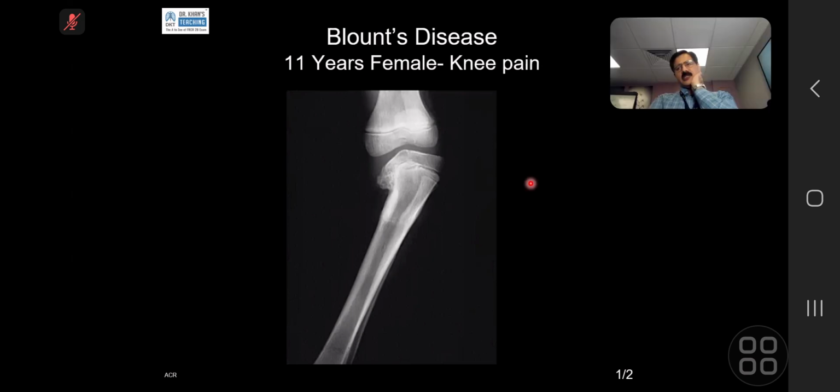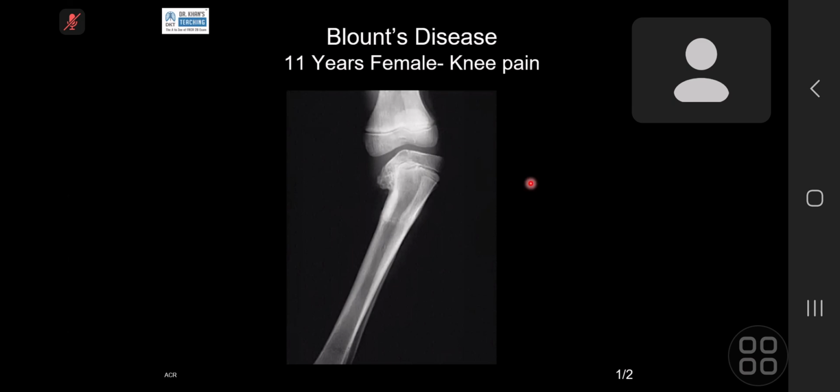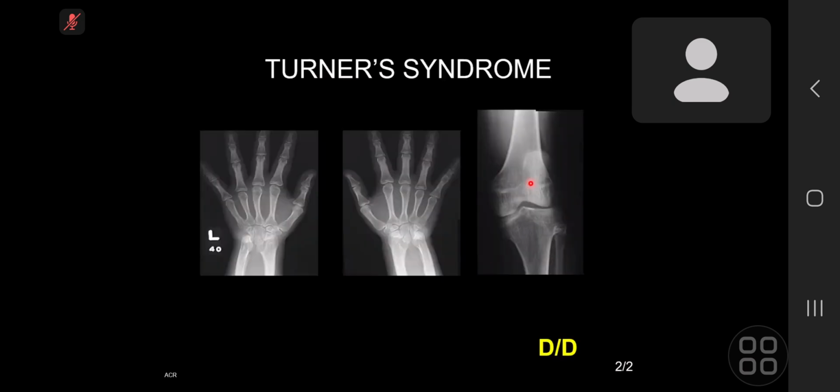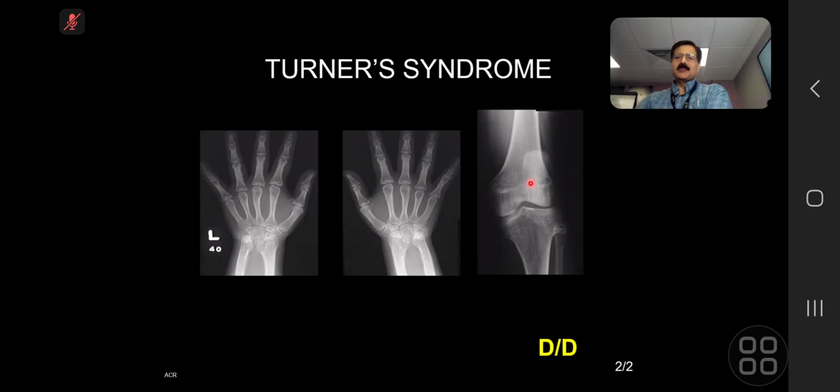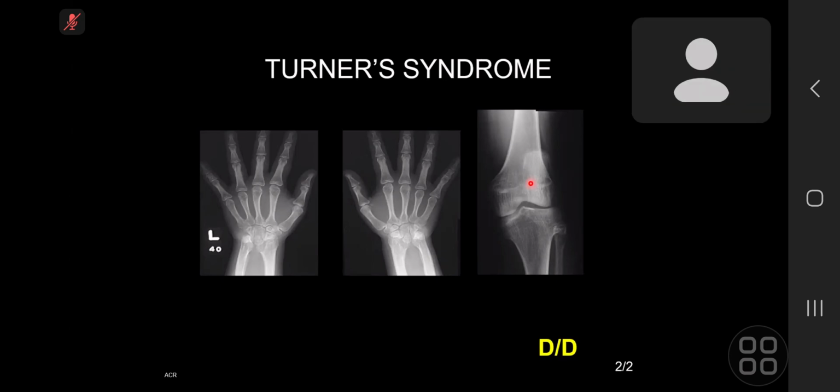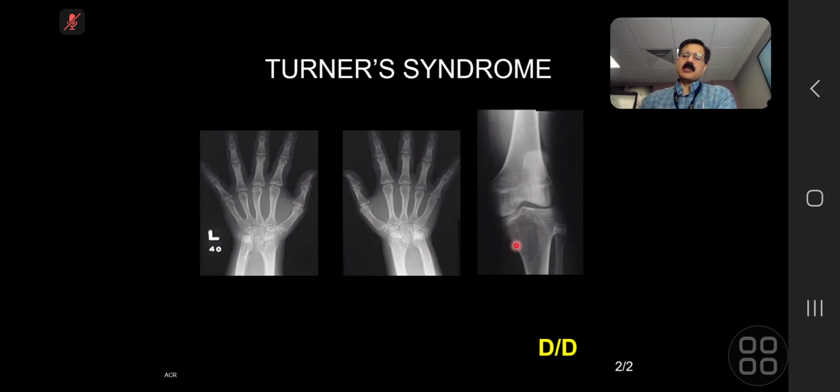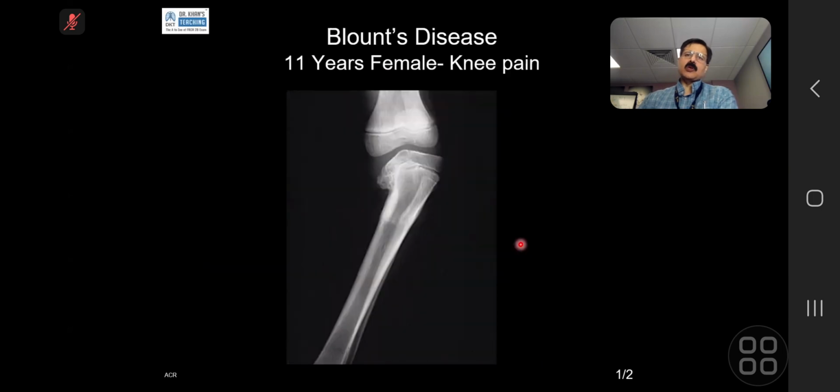Hint, both of these can be seen together in a condition. Turner's. Okay. So basically, this is the medial epiphysis of the tibia, and that is deformed, and it gives you this kind of appearance.